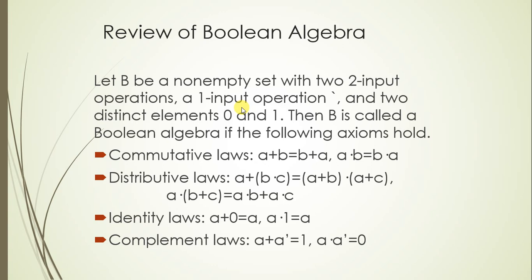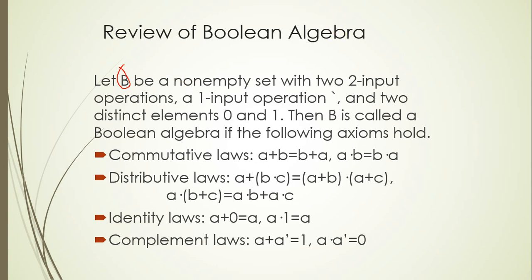These are laws which are already established and universally accepted because there is a valid proof for them. For these proofs to be valid, first, B should be a non-empty set. The set of values should be non-empty.